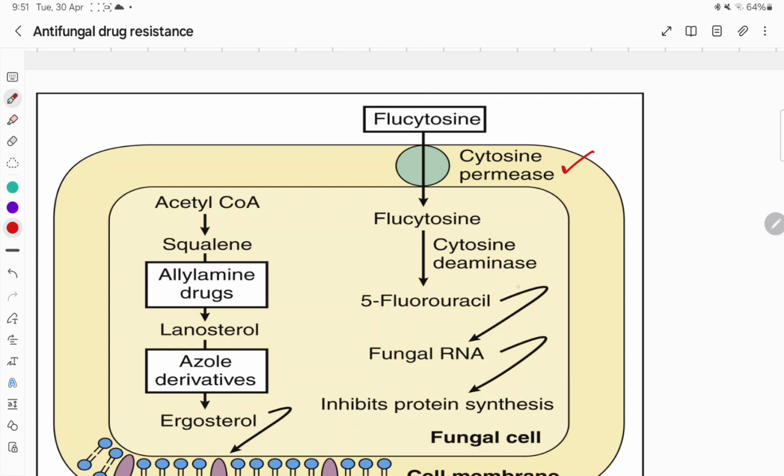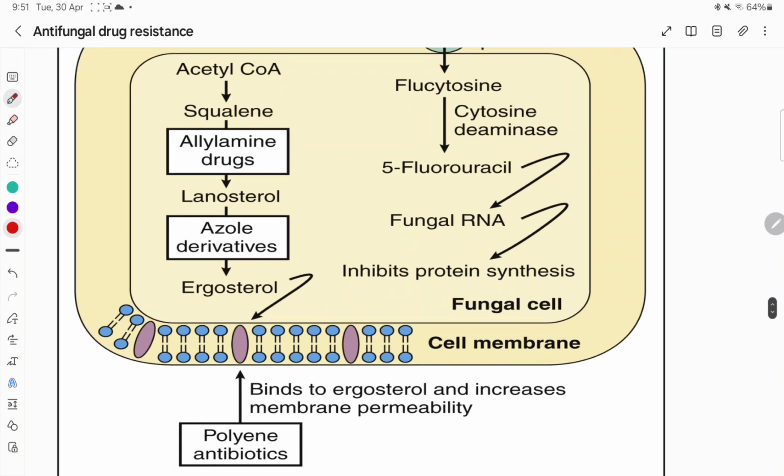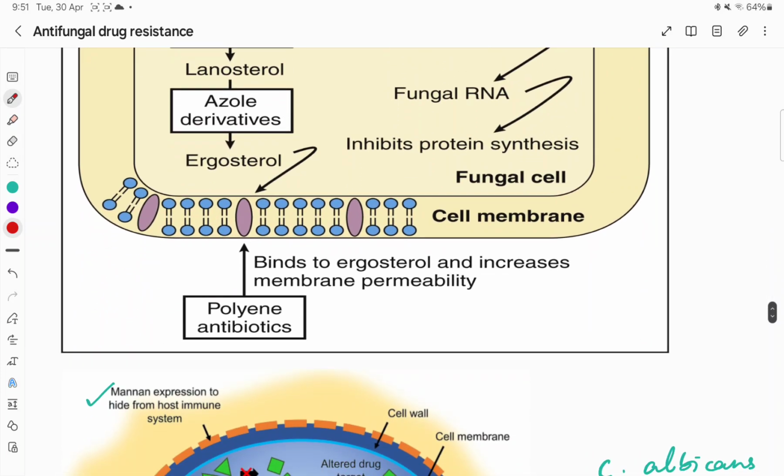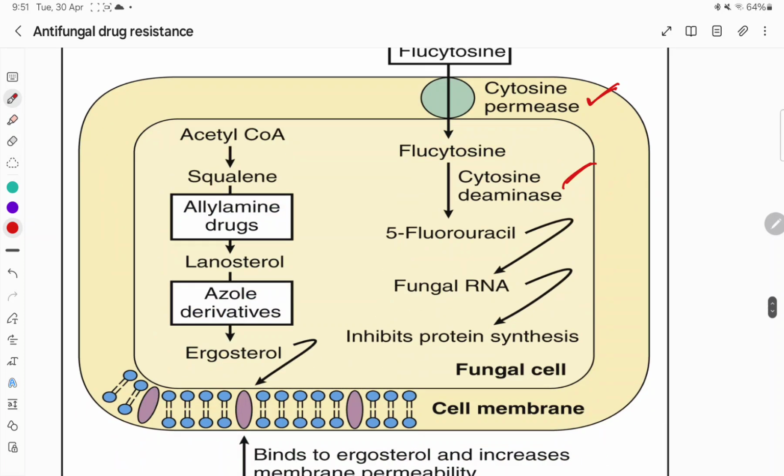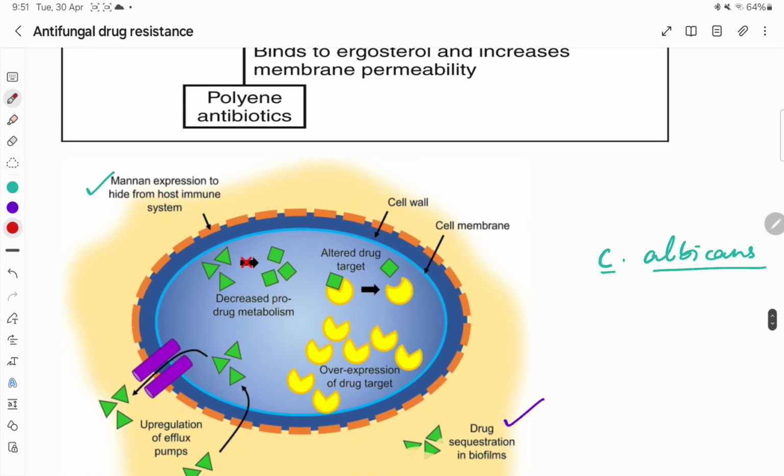Then by the action of cytosine deaminase, it is converted to 5-fluorouracil, and this 5-fluorouracil is converted further to triphosphates and monophosphates, which inhibit fungal RNA and DNA synthesis. And so any defect in these enzymes can cause the resistance.